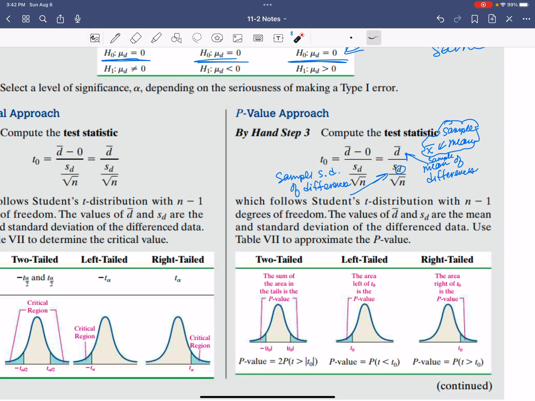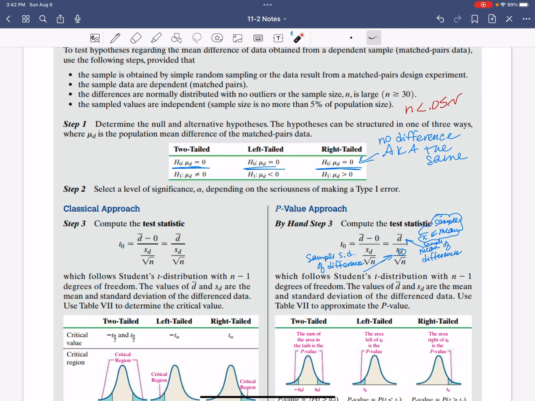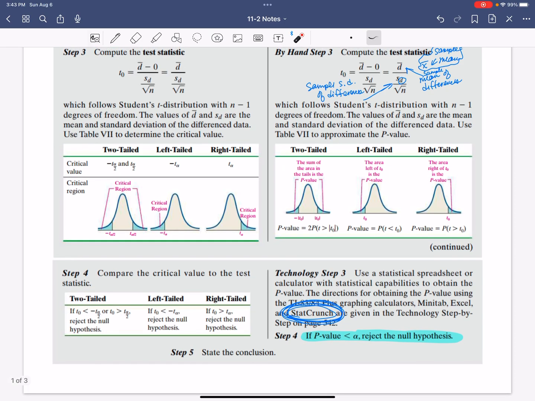However, it is important with these matched pairs that you realize we are talking about the differences. Is there a difference between these matched pairs? That is our focus. I want you to understand what is being taken care of here.